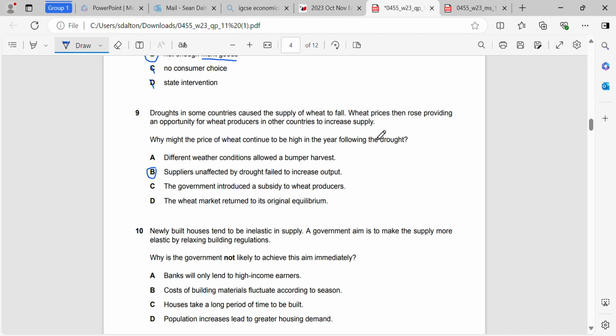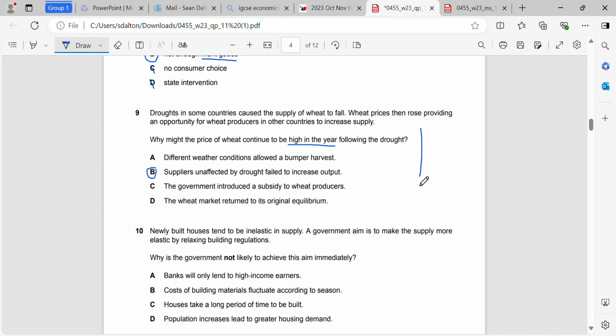If wheat prices go up and producers have the opportunity to increase their supply, the price of wheat continuing to be high in the year following the drought would only happen because suppliers unaffected by the drought fail to increase their output. So, if they are unable to increase that output, the price will remain high. If they are able to increase their output, then we would have a reduction in the price.